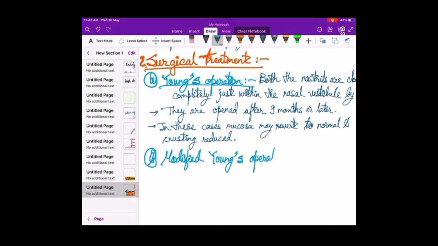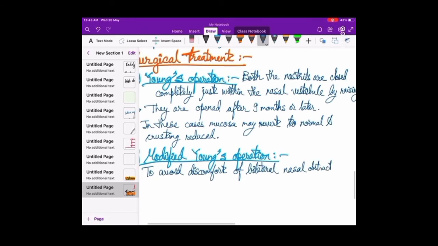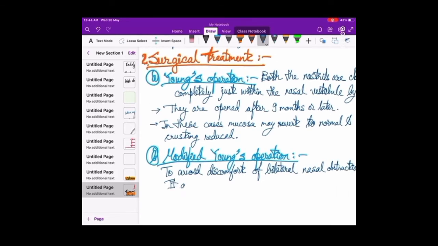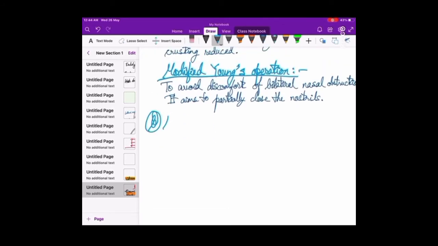Modified Young's operation is done to avoid discomfort. Modified Young's operation is bilateral nasal narrowing. It aims to partially close the nostrils, narrowing the nasal cavity.